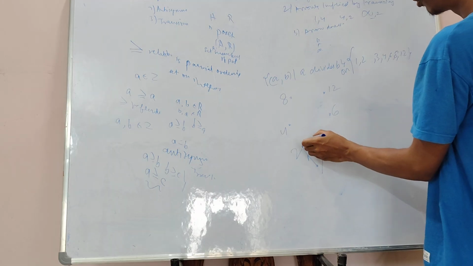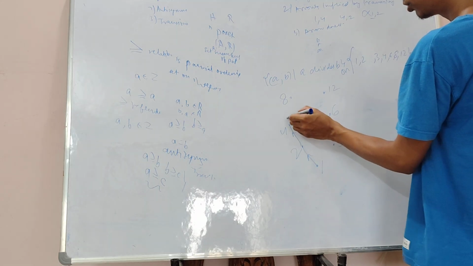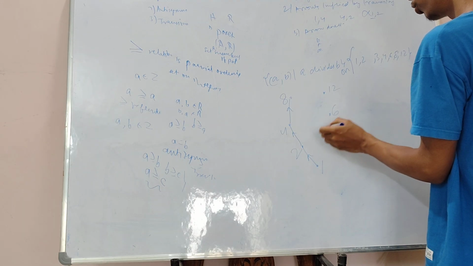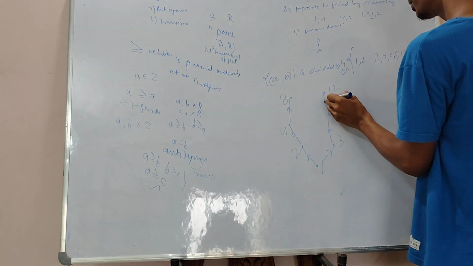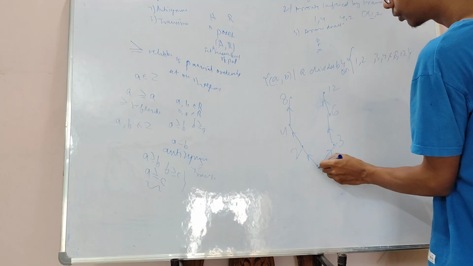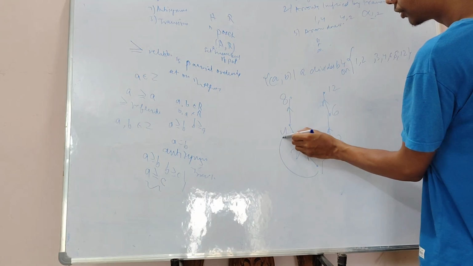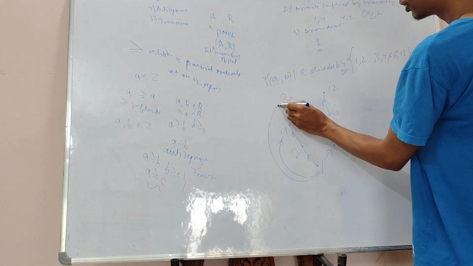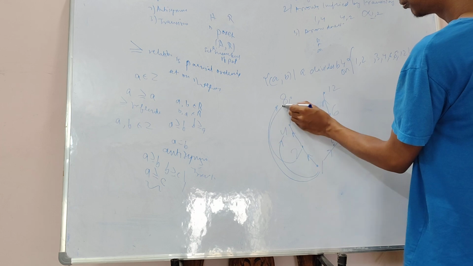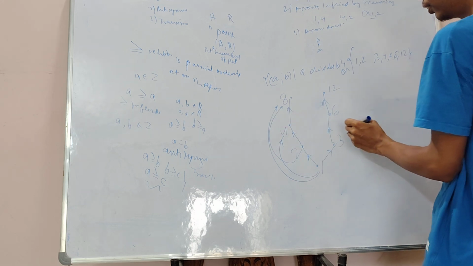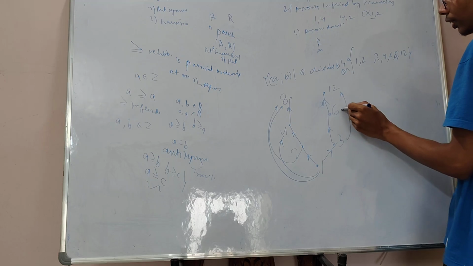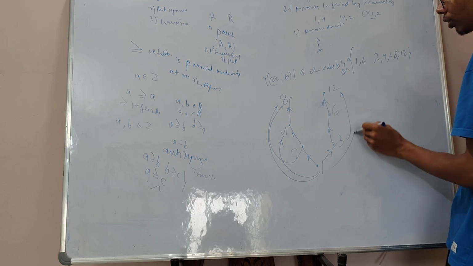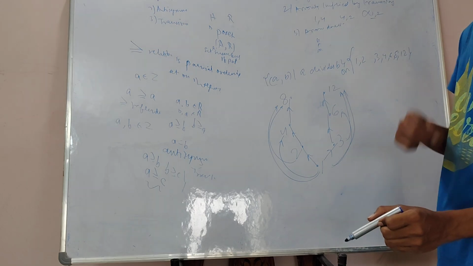So 2 is divisible by 1, 4 is divisible by 2, 8 is divisible by 4, 3 is divisible by 1, 6 is divisible by 3, 12 is divisible by 6, and so on; 4 is divisible by 1, 8 is divisible by 1, and 12 is divisible by 3, and 12 is also divisible by 1, and 6 is divisible by 1.